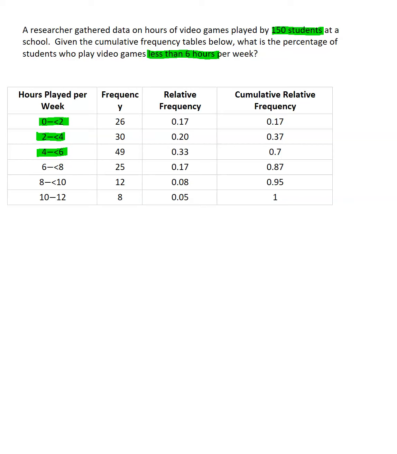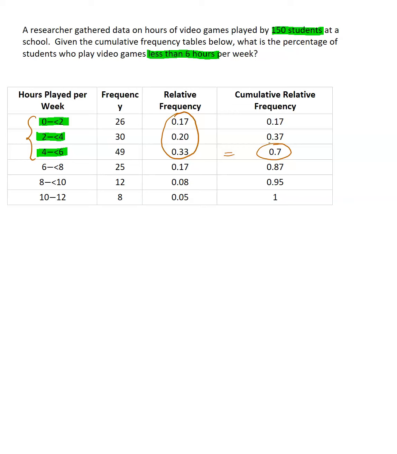So if it's less than 6 hours, you have to add up the relative frequencies for these 3 classes. If you add them up, 0.17 plus 0.2 plus 0.33, you will get that equal to the cumulative frequency value here, right?